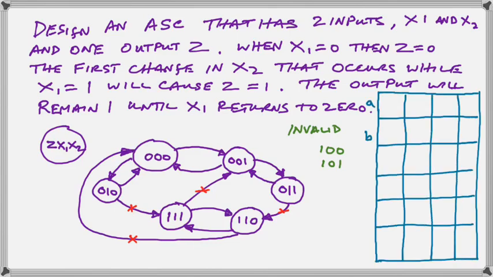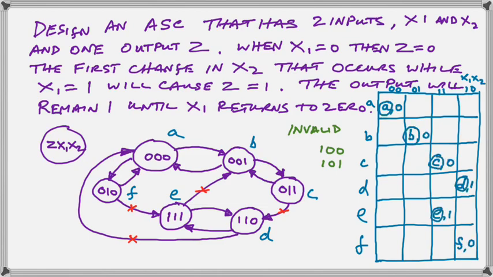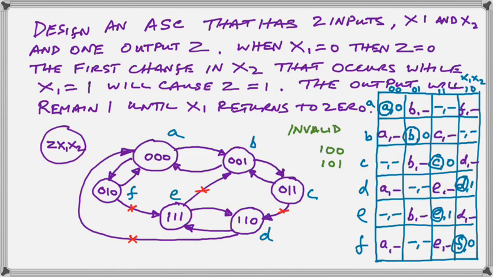The next thing that we want to do is to actually label the states and create a primitive flow table, as you can see there on the right.